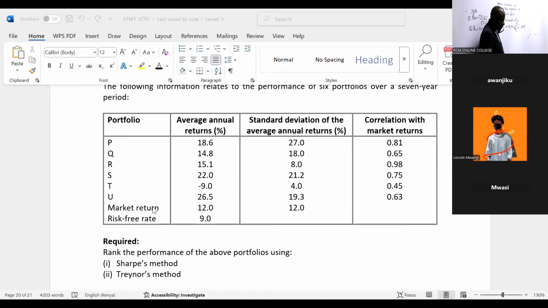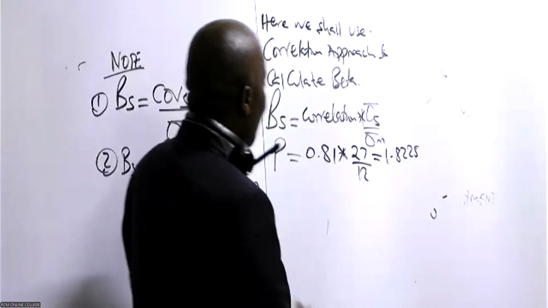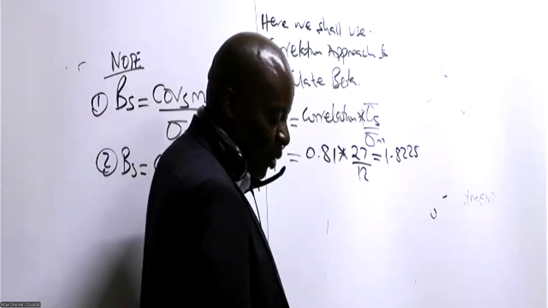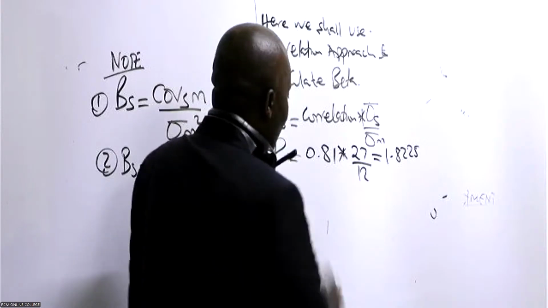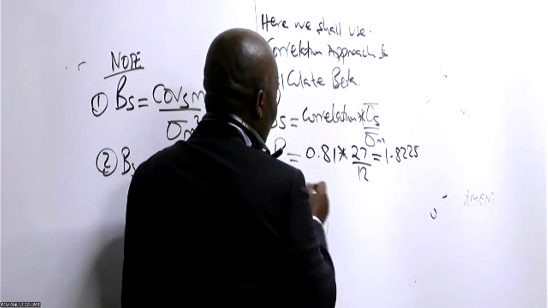Standard deviation of the market is 12, given here, beside the market security. I hope that is good enough. So they're giving me an answer of 1.8225. Go to the next one. The next one, ladies and gentlemen, is Q. Is there somebody who can do Q for me without my intervention?